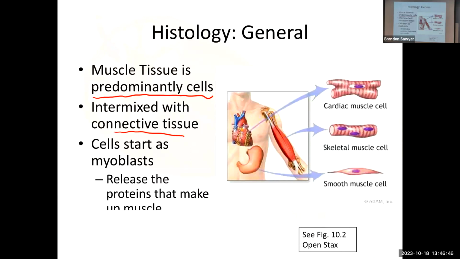Cells start as myoblasts, just like we talked about osteoblasts and chondroblasts. These are the cells that make the proteins and release them. Those are what make up our muscle tissue. And these are the 3 types: we've got cardiac muscle, skeletal muscle, and smooth muscle.